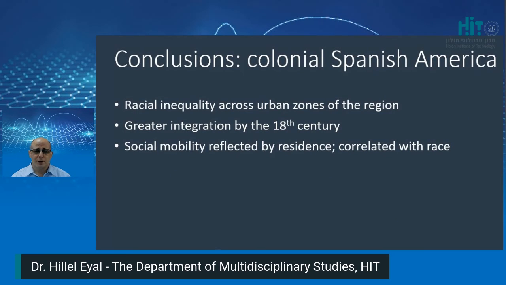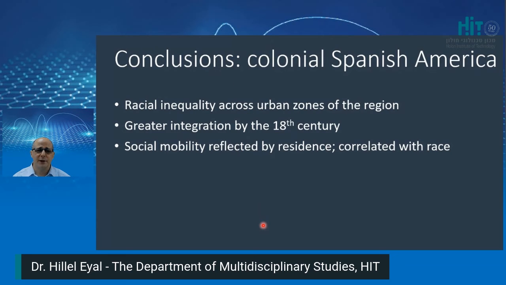A few conclusions. I hope that was not too dense, but anyway, I want to say a few things about colonial Spanish America that we may have seen in the data that I presented here. First of all, racial inequality across urban zones of the region could be seen once again everywhere in every city, and it could be seen using the grid.